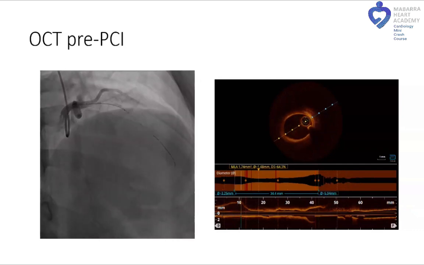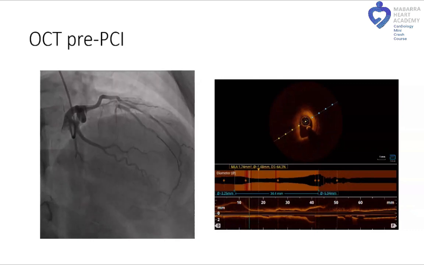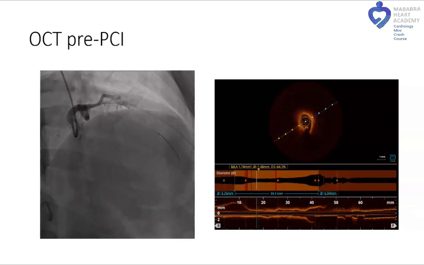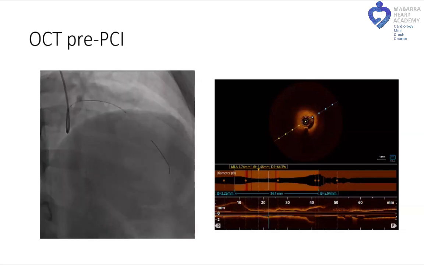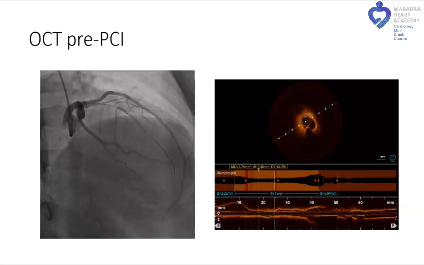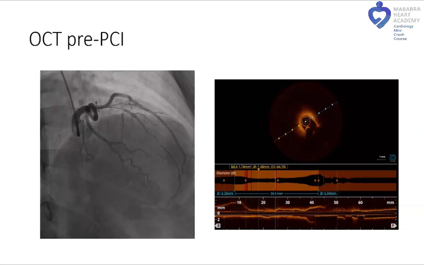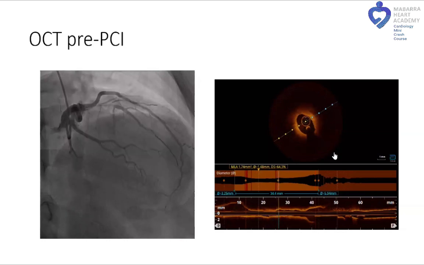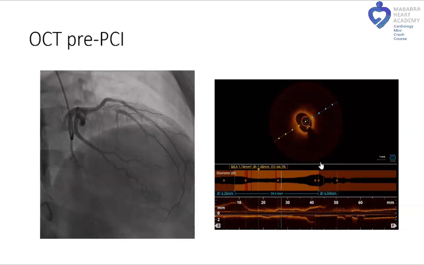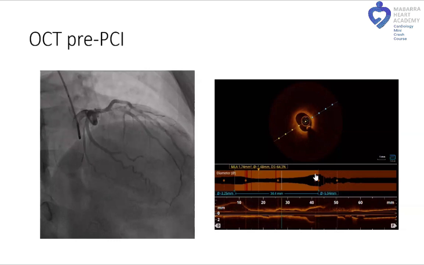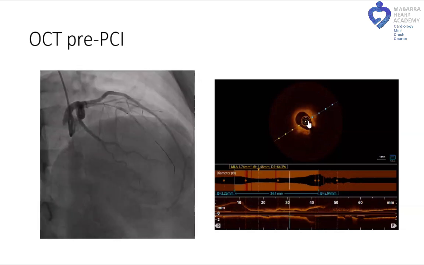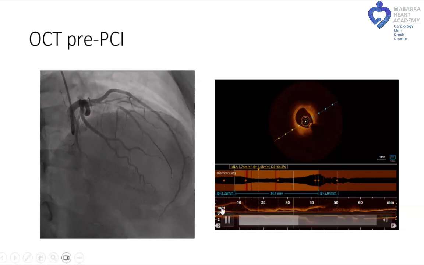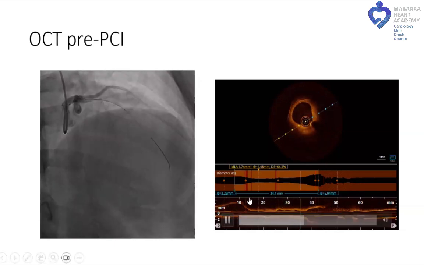And then you can see a significant stenosis with high attenuation, a very high lipidic core with overlying thrombus. You can see the lipid pool was very long and huge. And then you can see the proximal segment of the LAD is healthy.